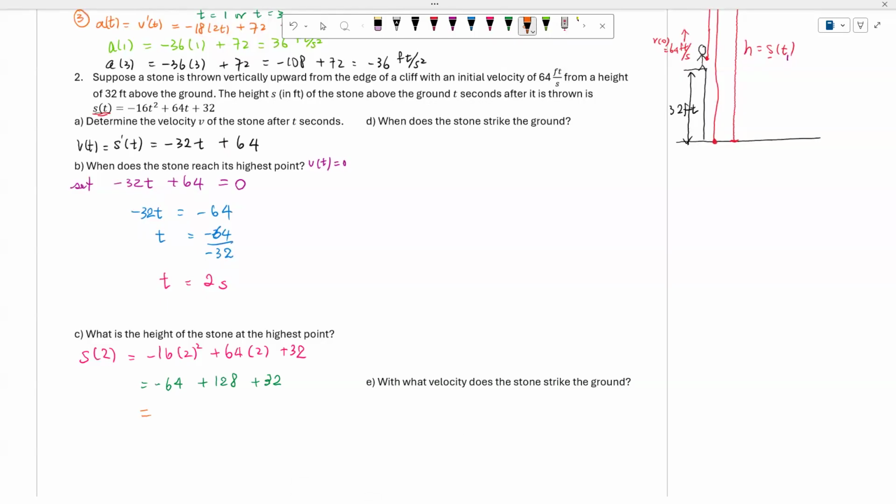Negative 64 plus 128 is 64, plus 32 is 96. Actually, I found out that in this case the height is 96 feet.